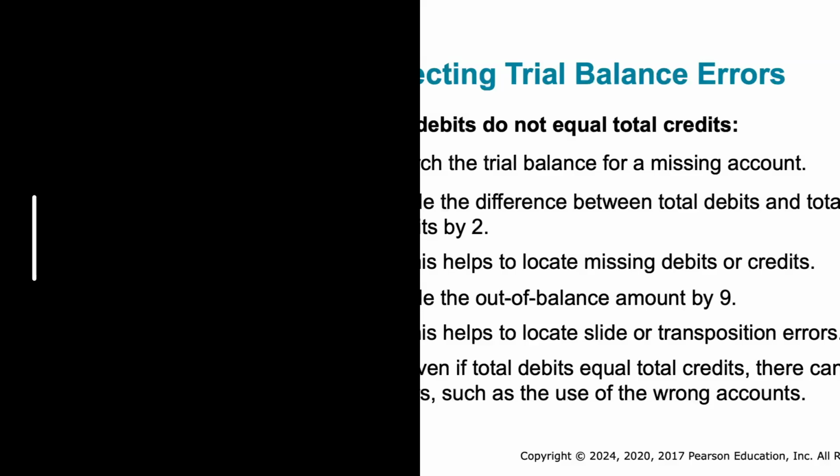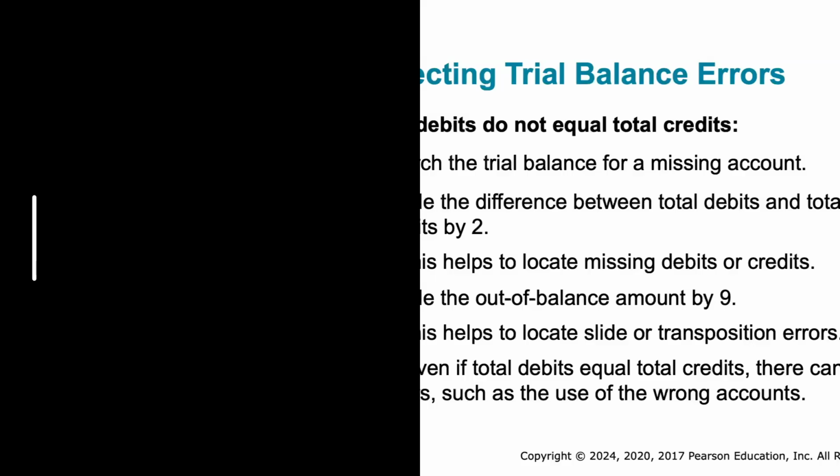A slide is, say, the entry is 131 or 1678, and a transposition would be 687, where you just move two of the digits around. With a slide, say you have 1,000 and 100: you've put in an entry that's 1,000 and really the entry was 100. That's a slide; you're just sliding over the decimal place.